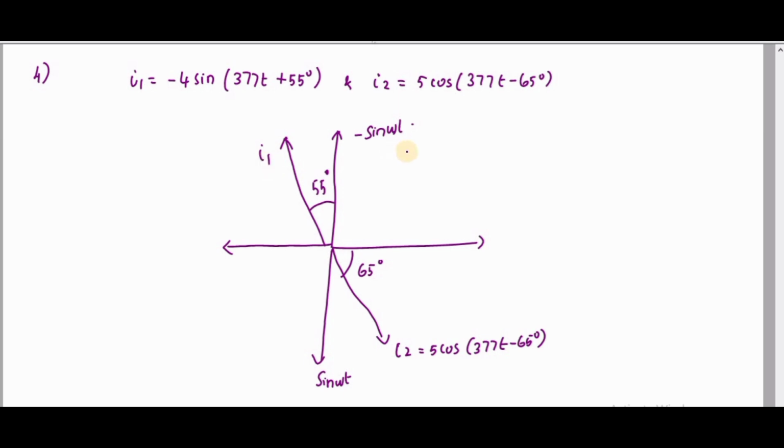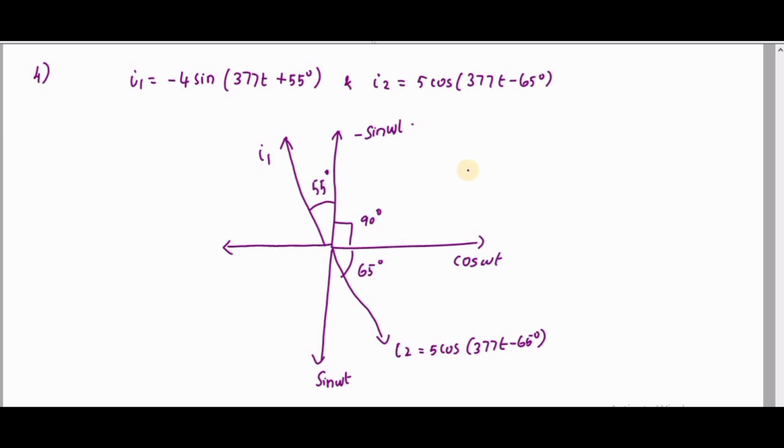I2 is 5 cos(377t minus 65). I need to convert this I1 in terms of cos omega t. We know that this is nothing but 90 degrees.